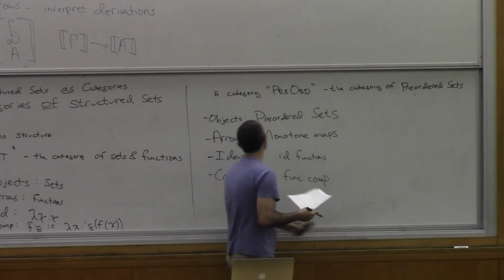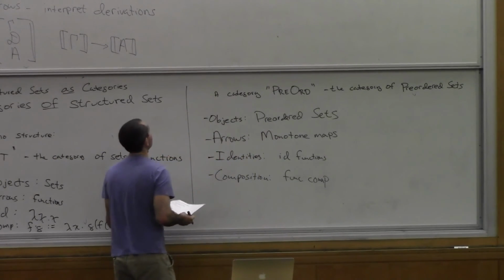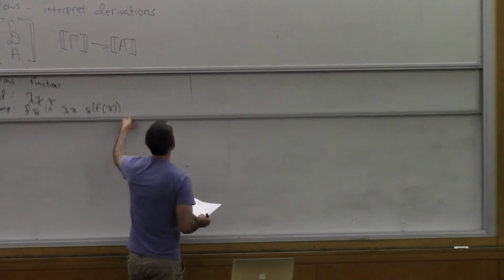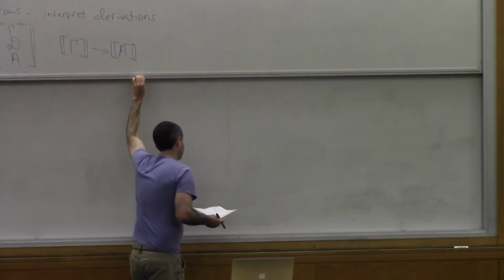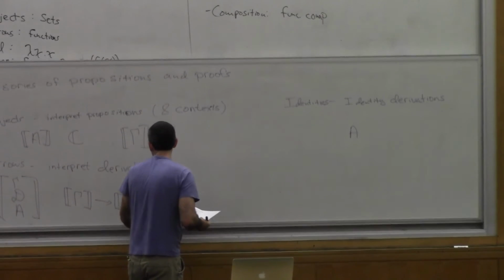So to finish off our little menagerie here of simple categories, we have the category of monoids.